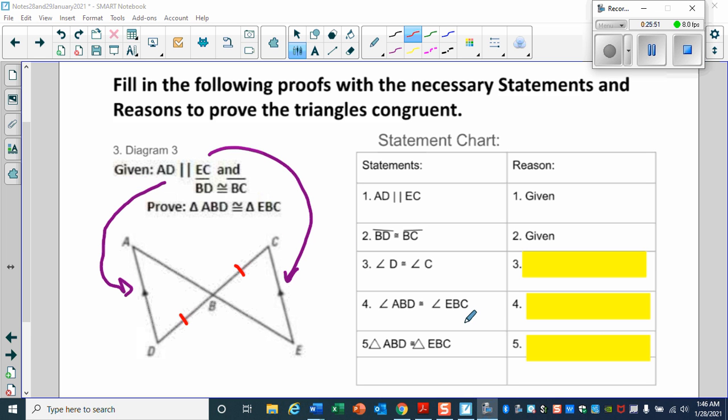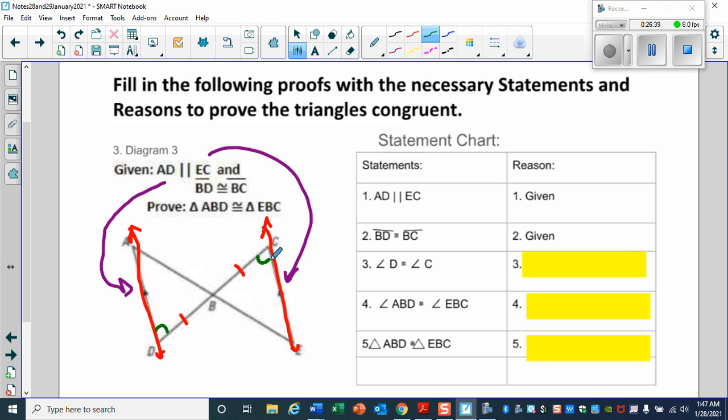And here's how you do that. Since we have parallel lines, since these lines go forever and ever, we notice that angle D and angle C, now it should be angle ADB and ECB, but we'll just do single for now, because notice how we get angle C, angle D. Since there's only one angle inside each vertex, we can get away with saying this.